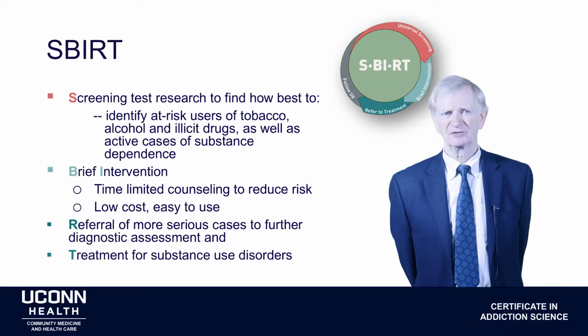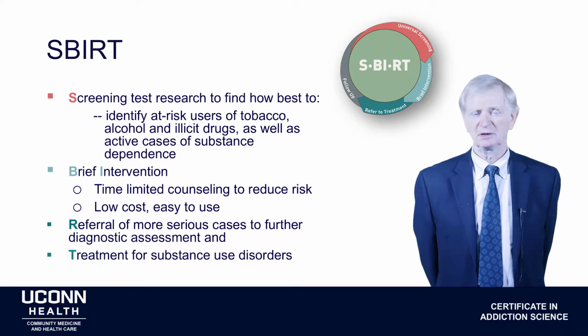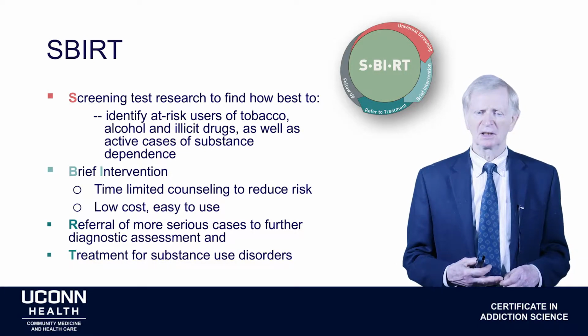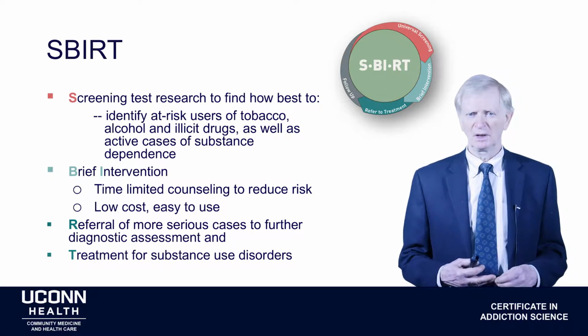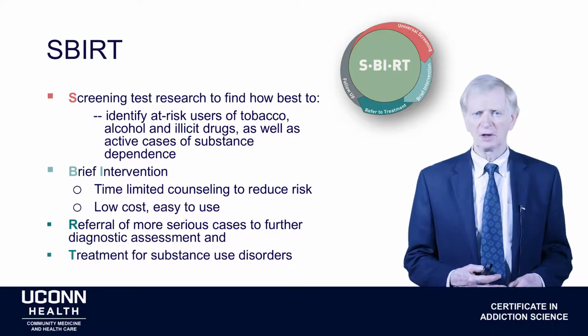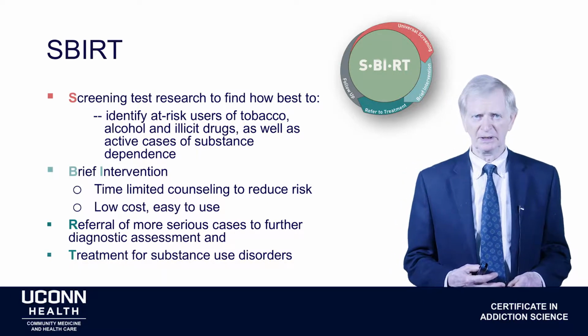So let's take SBIRT as an example. SBIRT means screening to test whether we can identify people in the development of their substance use disorder, usually prior to the development of dependence.